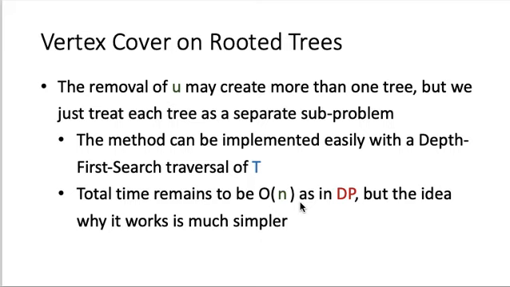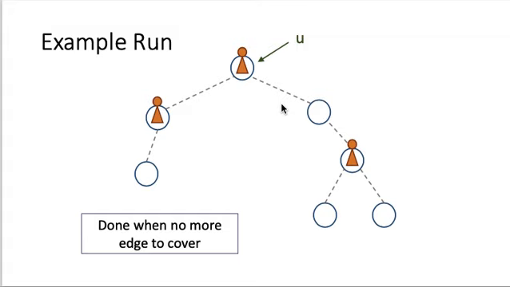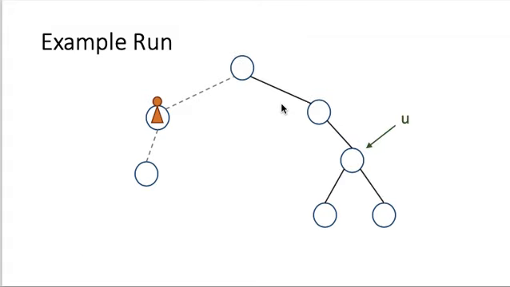Now notice that in the running, the removal of a certain node U. So once we have placed a guard here, we are actually removing the edges connecting to this U. So we are actually removing U and also the edges. So when such a case happens, it could give us more than one tree as a result. So for instance, in general, maybe we are removing this one.